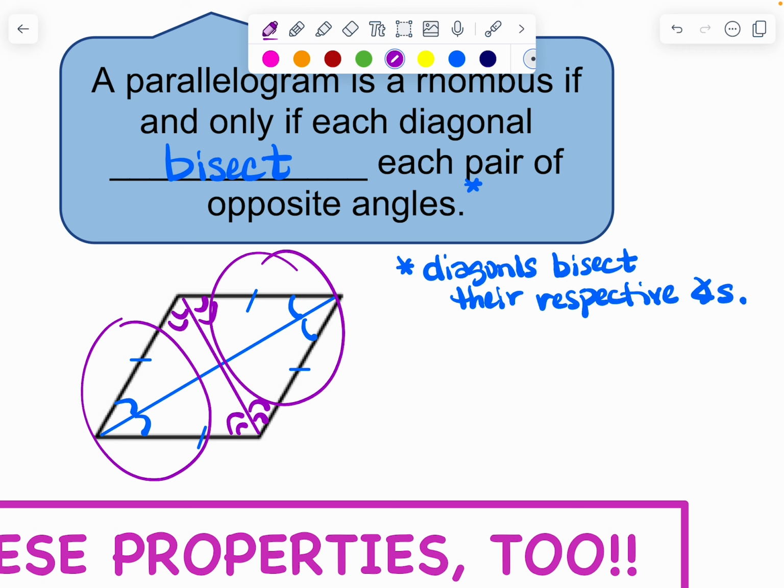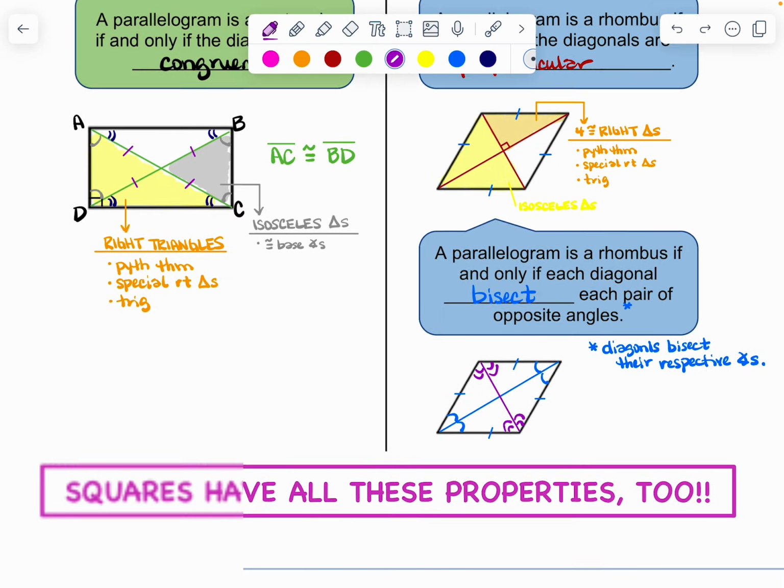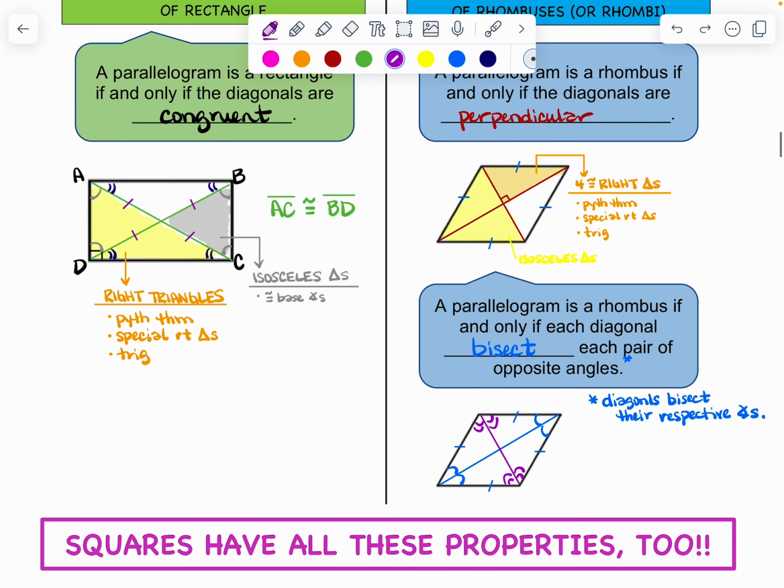And again, that has to be true because I have isosceles triangles on each half, and those are base angles of those isosceles triangles. There are just so many properties happening here that if you happen to forget them, you should still be able to come up with these relationships because it's all stuff we have already learned, and we can prove these relationships very easily.